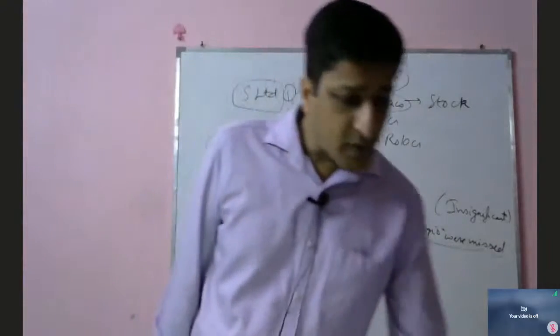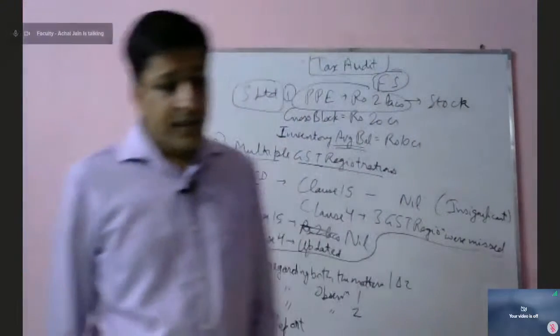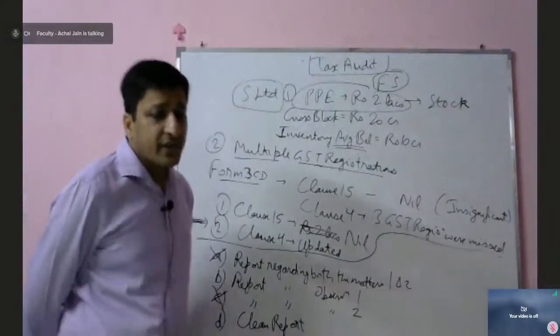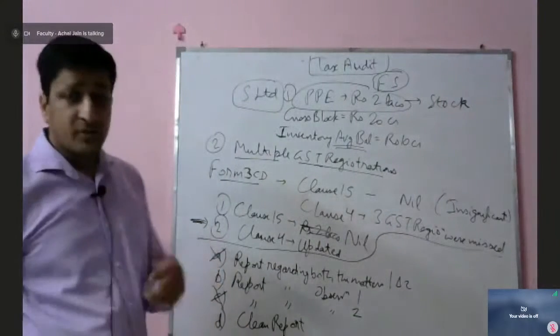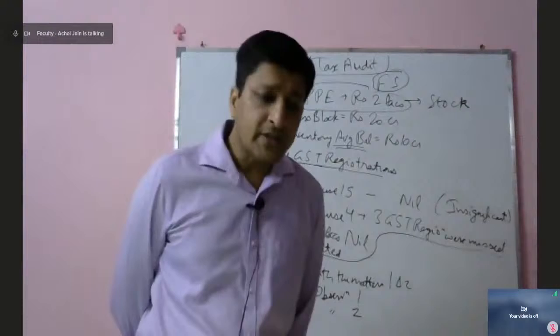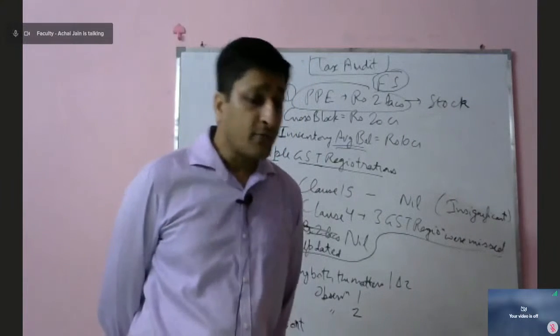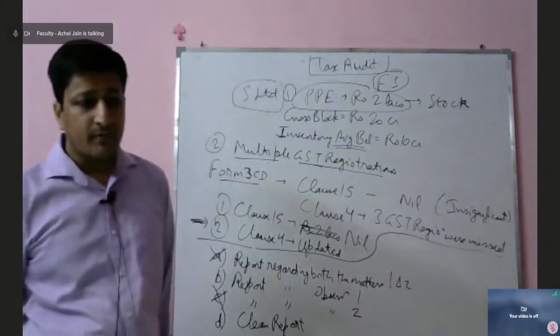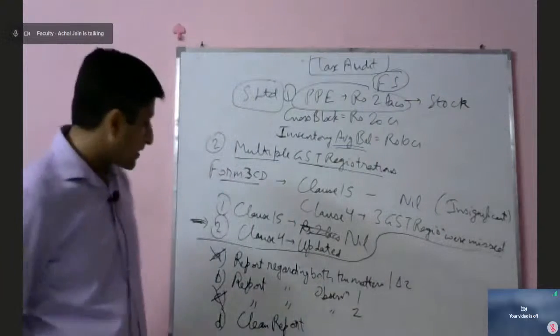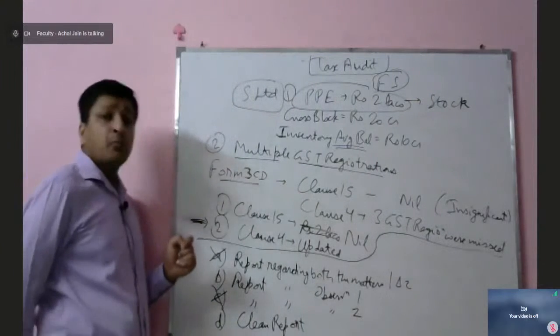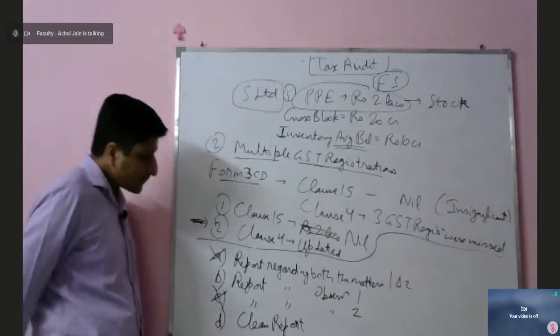I can see the response from Hilda. Hilda is saying observation regarding both should be included. I'm hoping that you have understood why option number A should not come. Then Ambika has also given the answer. Ambika is saying we should go with option B. Let's see.